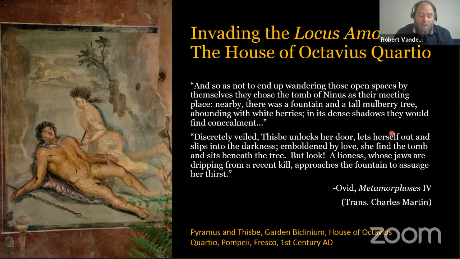The viewer, reclining in the biclinium of the House of Octavius Quartio, beheld an image in the context of a multi-sensory experience meant to trick him into believing that he occupied the same mythological world beyond time associated with the tragic lovers. As he lay on the couch, perhaps next to his own lover, he could hear the gurgle of the nymphaeum fountain in the lower garden, and sat surrounded in lush vegetation similar to that of the lovers.